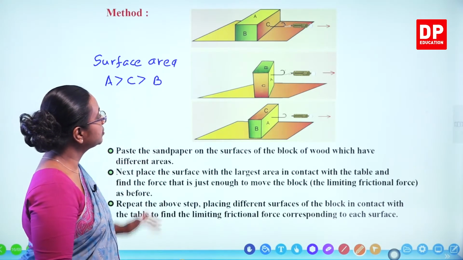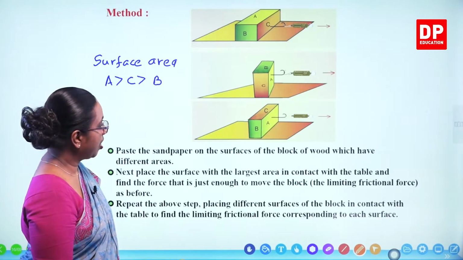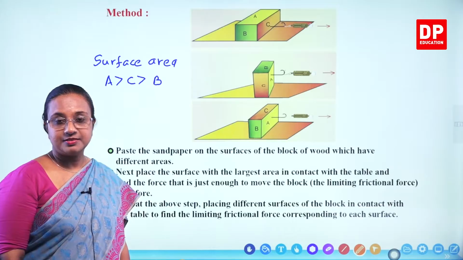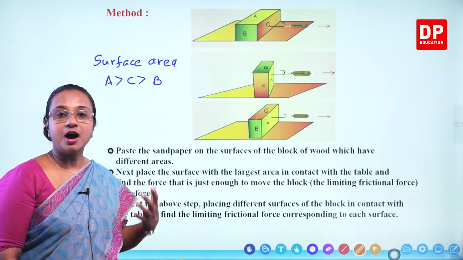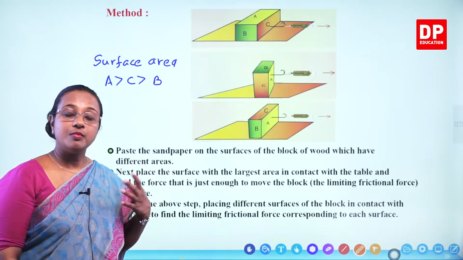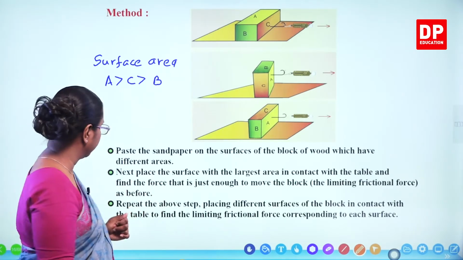So, if we use these 3 faces, then we can carry out this activity and observe how the limiting frictional force changes or whether it does not change.